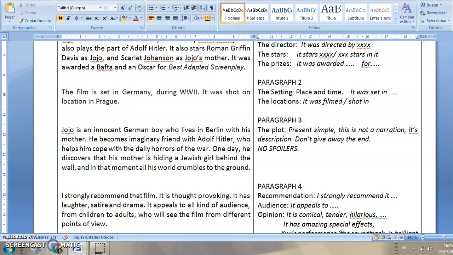He becomes imaginary friend with Adolf Hitler, who helps him cope with the daily horrors of the war. One day, he discovers that his mother is hiding a Jewish girl behind the wall. And in that moment, all his world crumbles to the ground. All his world, all his beliefs change completely. Okay?